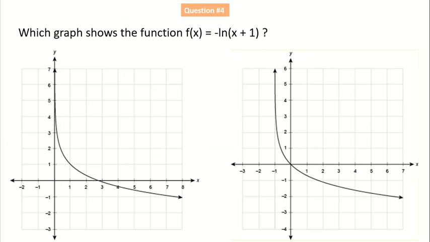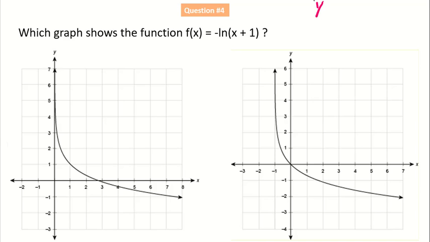We want to know which graph shows the function f of x equals negative natural log x plus 1. Alright, so let me get my pen, and we're going to evaluate that. Alright, y equals, let's just establish some things here.